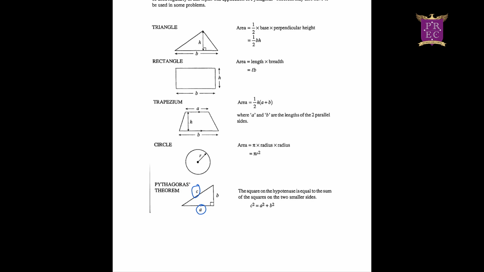Or if we had C and B, we will need to find out what A is to find out the area of this triangle. To find the missing side length, we use C squared is equal to A squared plus B squared. But this only works for right angle triangles. So always make sure all these triangles are right angled if you're going to apply Pythagoras theorem.